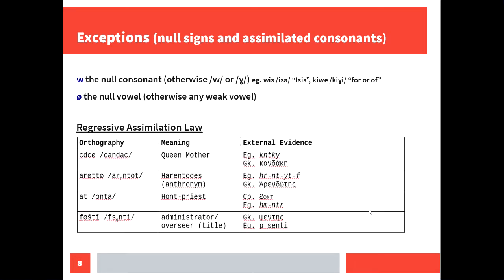So I'm going to elaborate on 2 key exceptions, 2 or 3 depending on how you split them apart. 2 of them are already known to Meroiticists. Well, they're known to an extent.